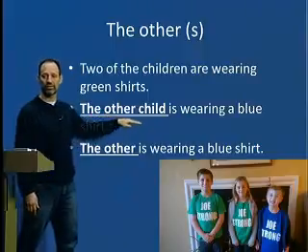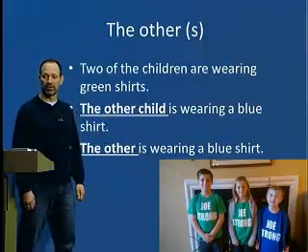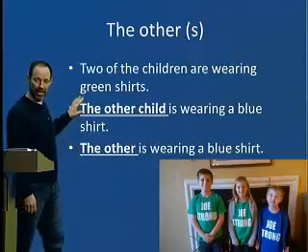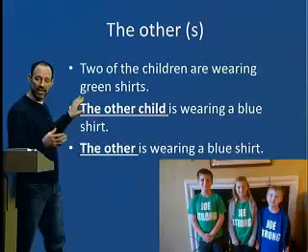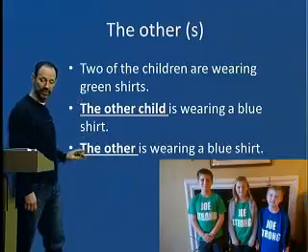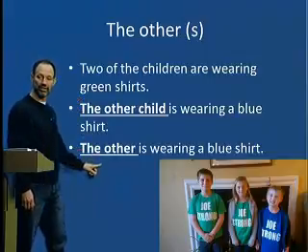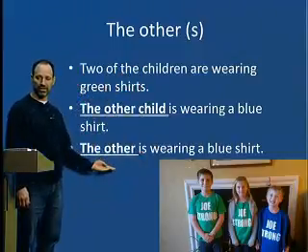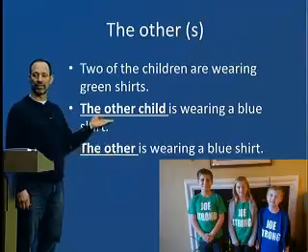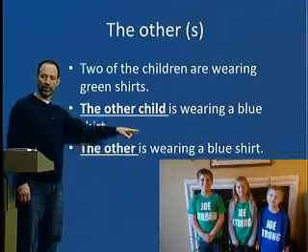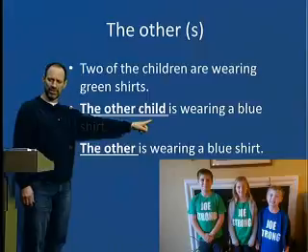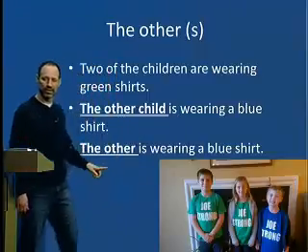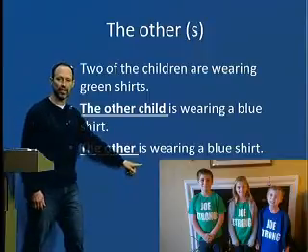The other child is wearing a blue shirt. I could take this expression, the other child, and use the other as a pronoun. So the other is wearing a blue shirt. In this situation, the other replaces the other child. Here there's only one that remains, so it's singular. So I use the singular form of the verb is, and the same here. The other is.